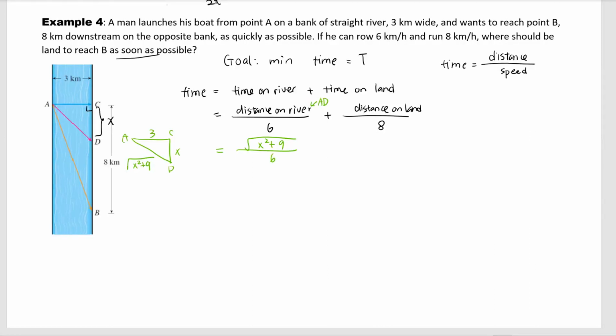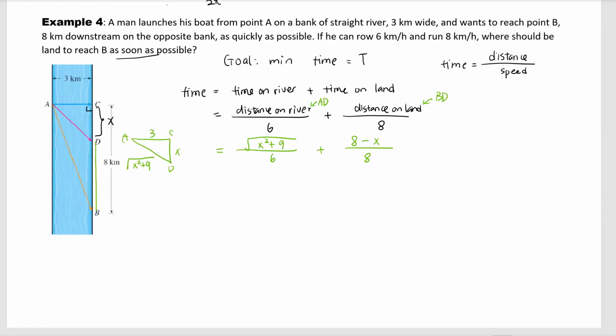So far, so good. And how about the distance on the land? On the land, we have this 8. The distance on the land is actually BD. We know the total CD is 8, then BD is 8 minus x. And then the speed is 8. So this is the total time.